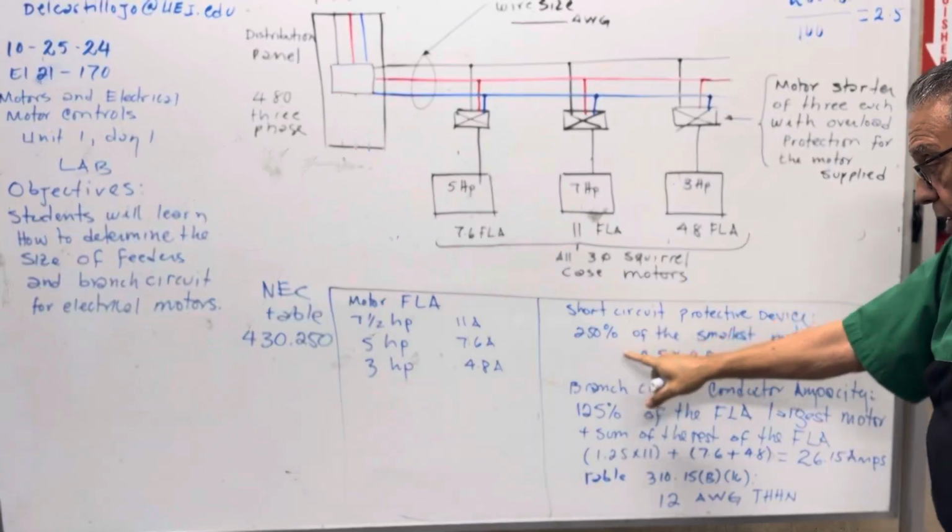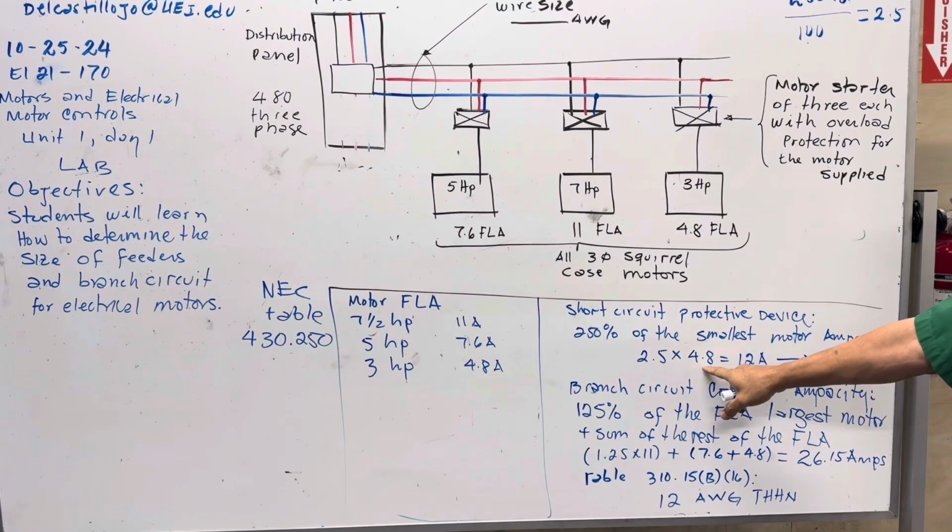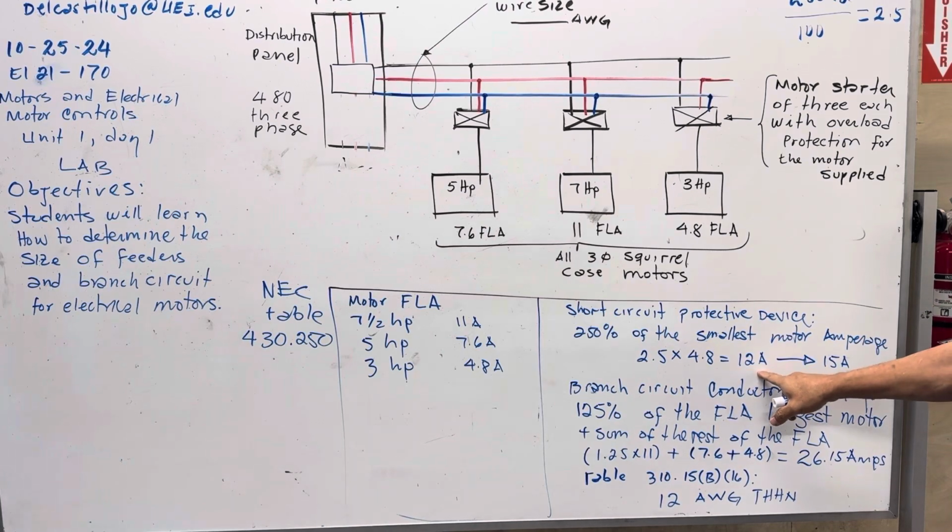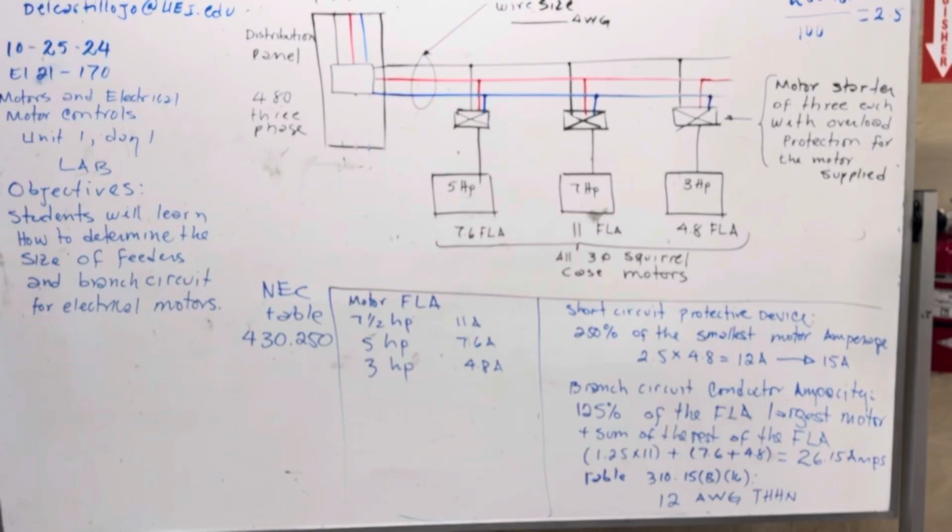So 250% of the smallest full load ampacity, in this case, is 12 amps. I round it to the nearest higher standard protecting device, which is 15 amps.